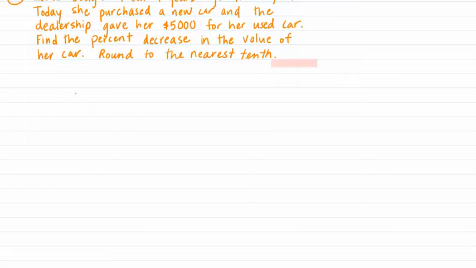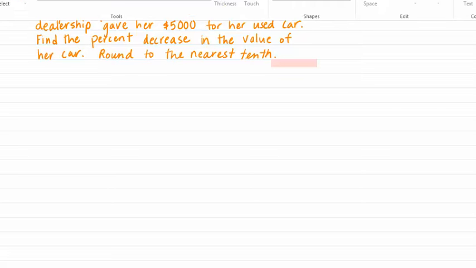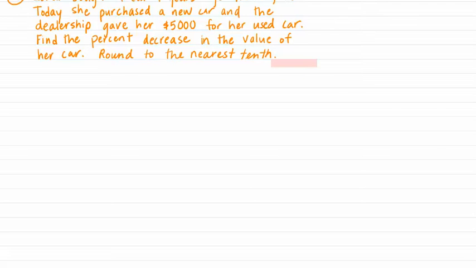Okay, so remember the first step is you find the amount of decrease here, which was 9,000. Remember 14,000 minus 5,000. Hey, why is it not letting me write? Uh-oh.